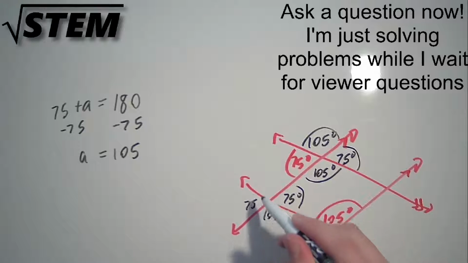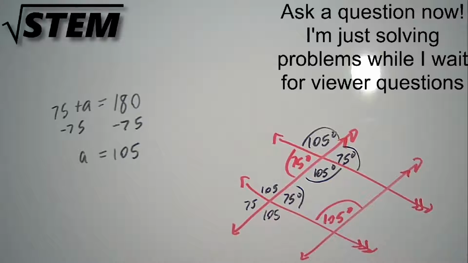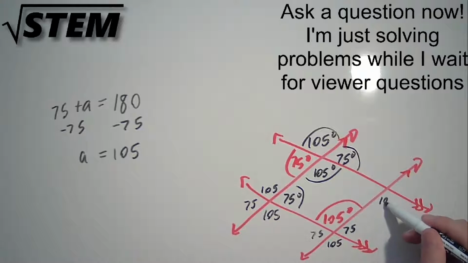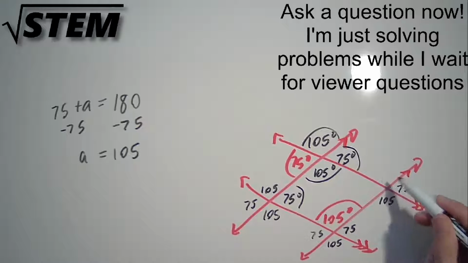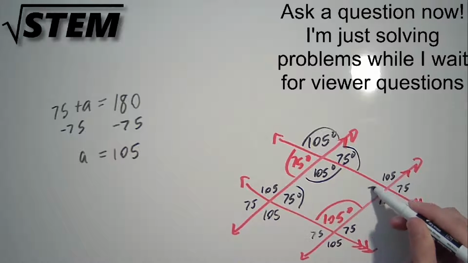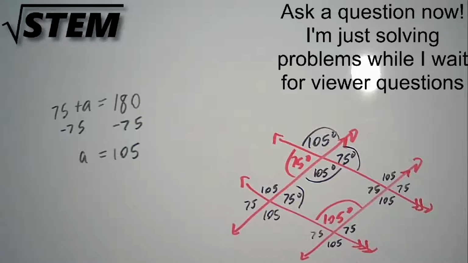And 75, 105. And then we can see both of these other intersections are going to be exactly the same. Which is great and convenient when you're trying to fill in this whole thing.